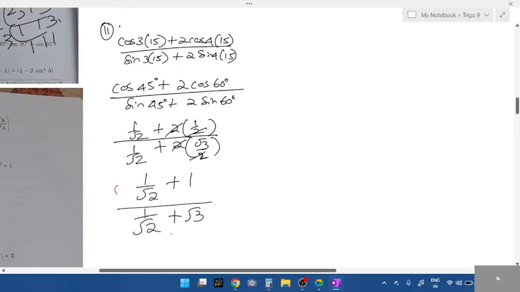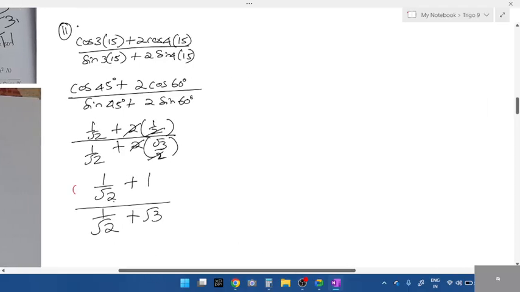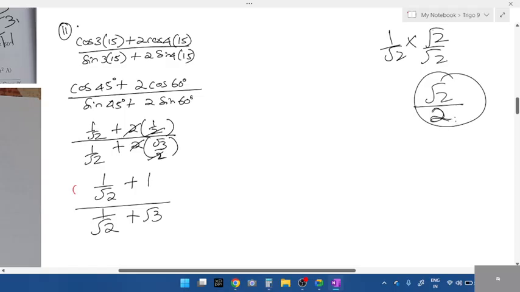See, whenever you have root 2, an irrational number, you have to rationalize this. Whenever you have 1 by root 2, multiply root 2 on both numerator and denominator. So you get root 2. Root 2 into root 2 is 2. Why do we need to convert it? Because it is easy to take LCM. Fine. So this 1 by root 2, what happens to it after conversion? It becomes root 2 by 2 plus 1.